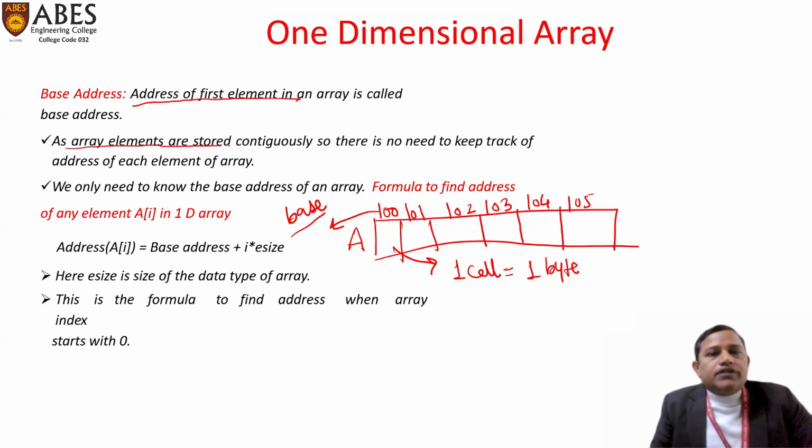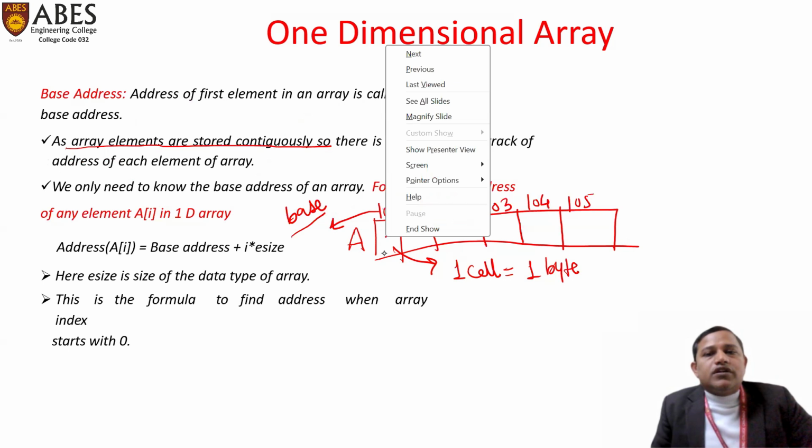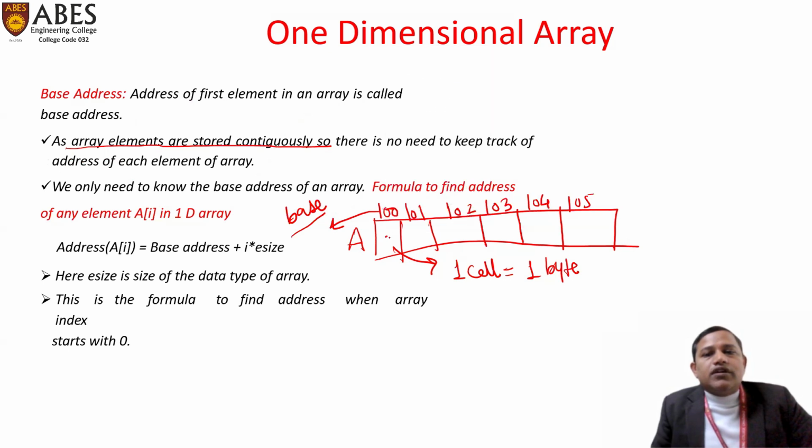Array elements are stored contiguously. I already told you contiguous means one after another. If the first element is stored at location 100, the next must be stored at just one address difference, a 1 byte difference from the starting address, if we assume that one cell contains 1 byte.